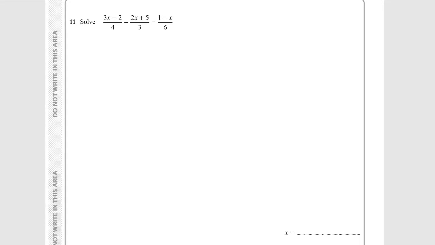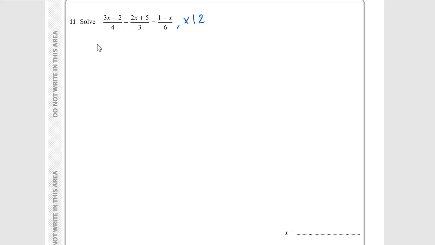Question 11. Solve this. So basically what that means is find x which works for this equation. So the first thing that we can do is that we have fractions and we want to get the LCM. So a multiple that has 4, 3, 6 as its factors is 12, so times by 12.